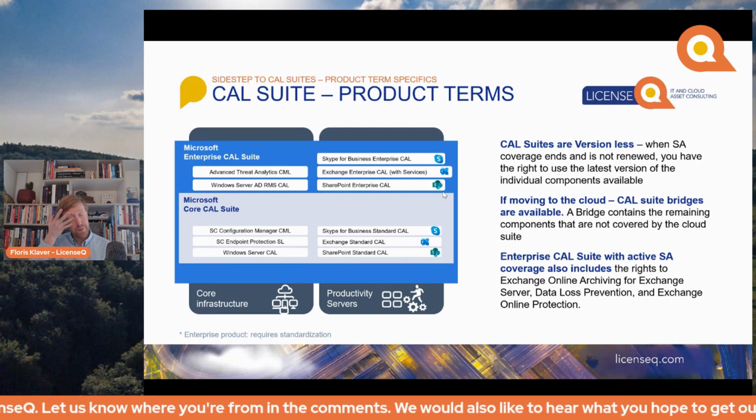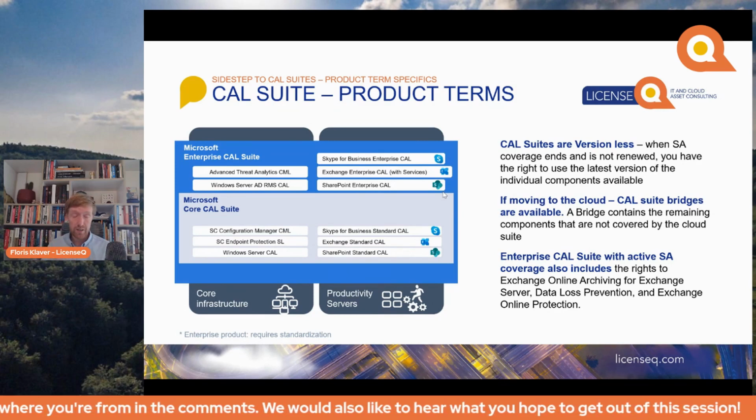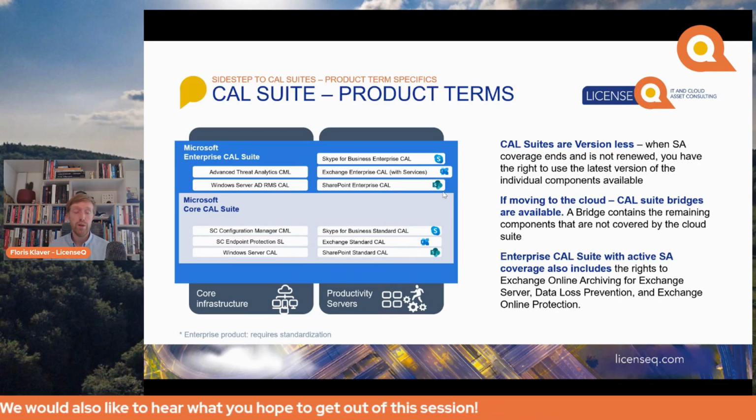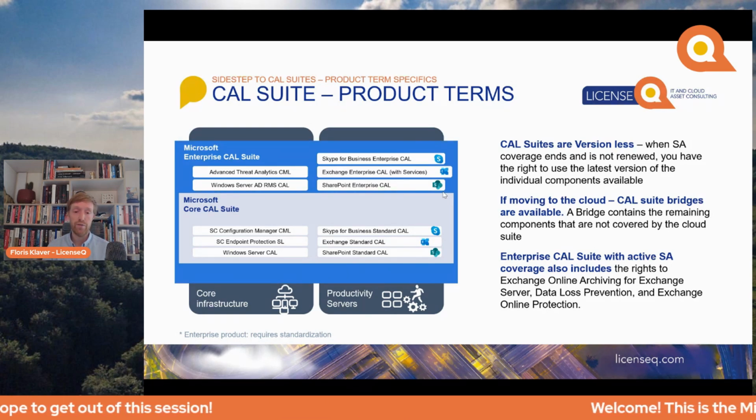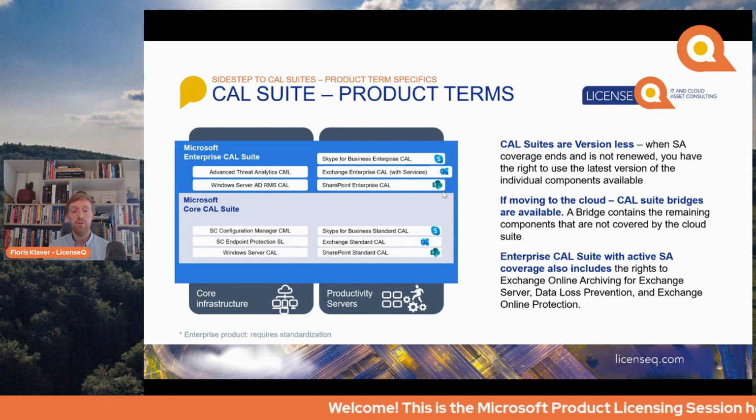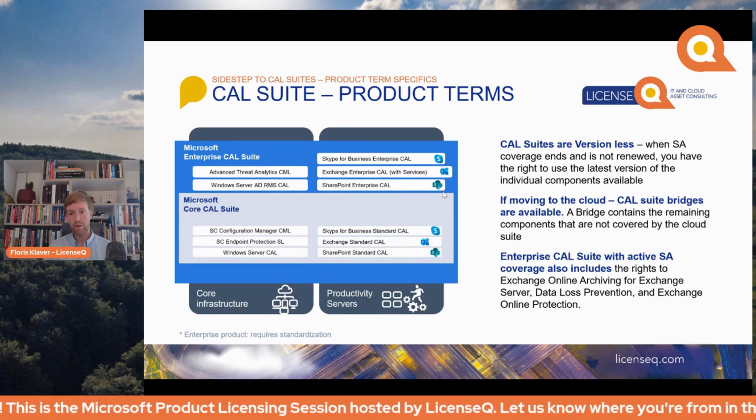Another side step to a cloud licensing session is that there's a Bridge CAL available, and the Bridge CAL is basically an additive license to a cloud solution to allow the rights of a CAL suite to bring together your cloud license with the core infrastructure license, for instance.